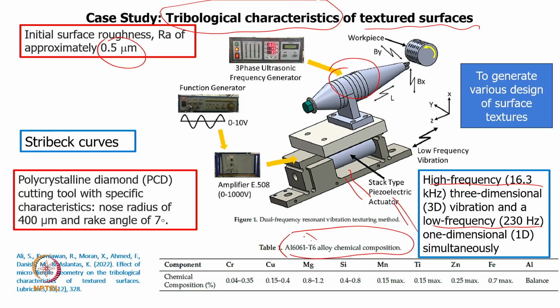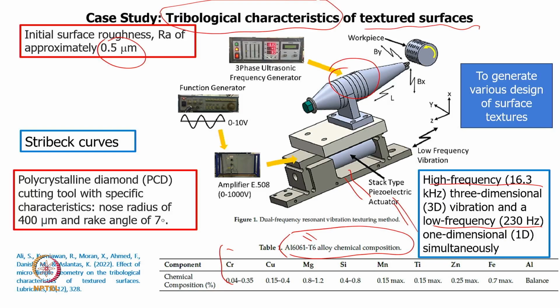AL6061 T6 aluminum alloy, whose chemical composition has been shown in this figure. We know very well that under dry condition, partial lubrication condition or boundary lubrication condition, aluminum alloy will not perform very well.